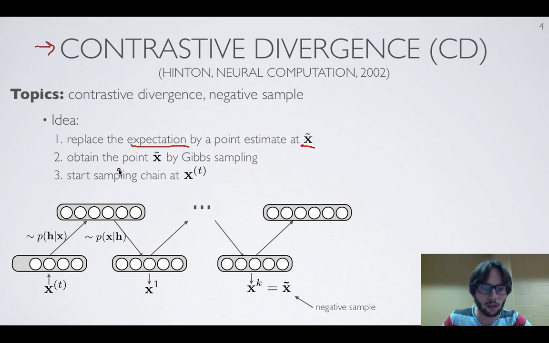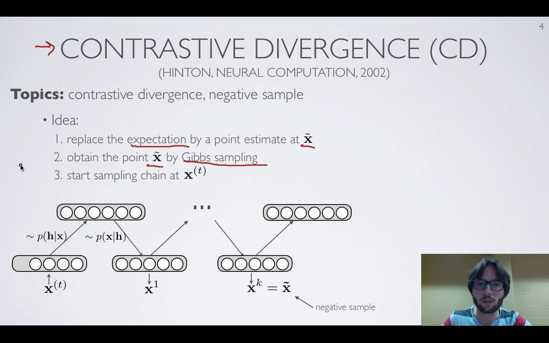Then we need to obtain that x tilde somehow. Ideally, we'd like to sample from our model distribution, and we'll do this by Gibbs sampling. Remember that Gibbs sampling corresponds to sampling each variable in my model given the others.